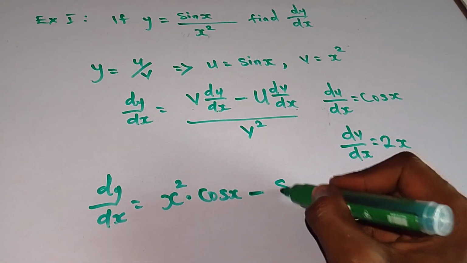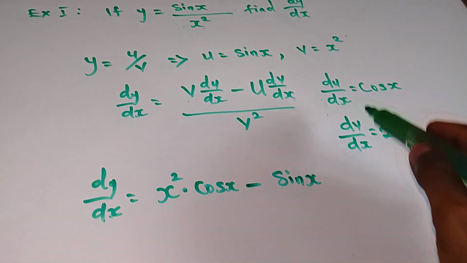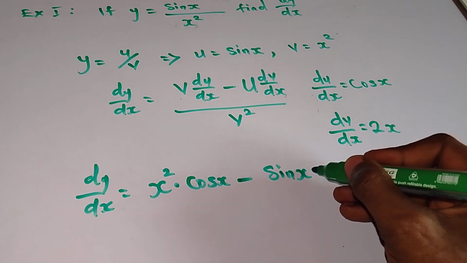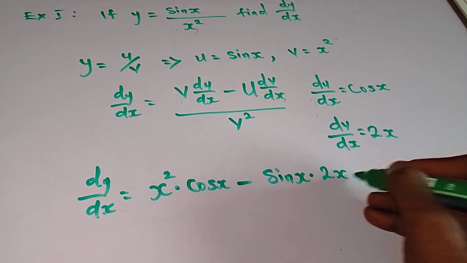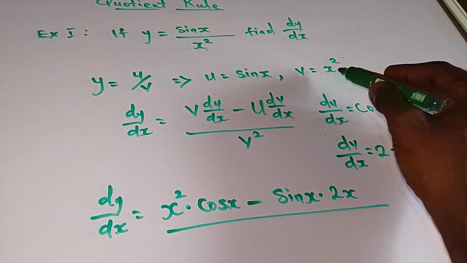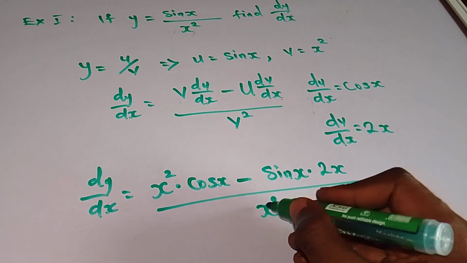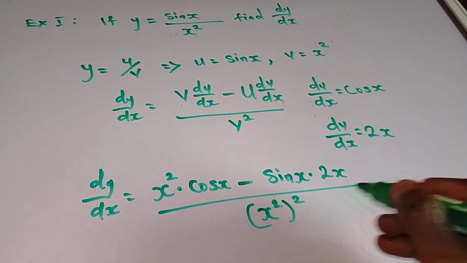Sin x, then times dv dx. dv dx is 2x, so we have 2x here, then all over v square. V is x square, so that is going to be x square, then you square it.